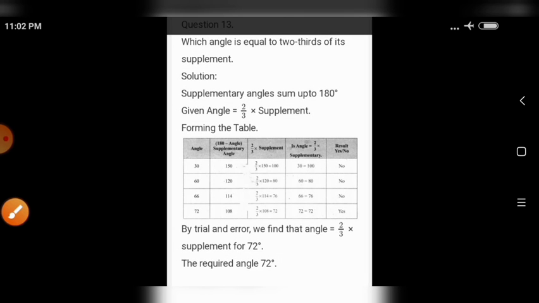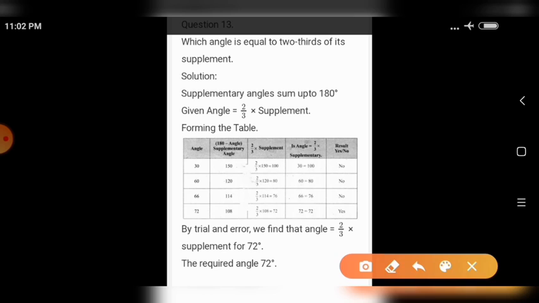13th sum. Which angle is equal to 2/3 of its supplement? Trial and error method. Given angle x, say 30. Using the 3 table, 10 twos are 20.